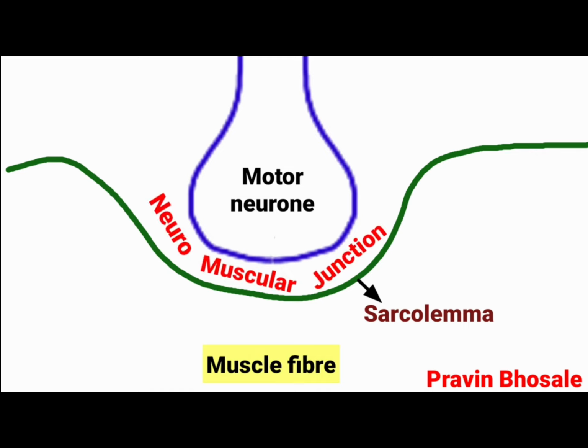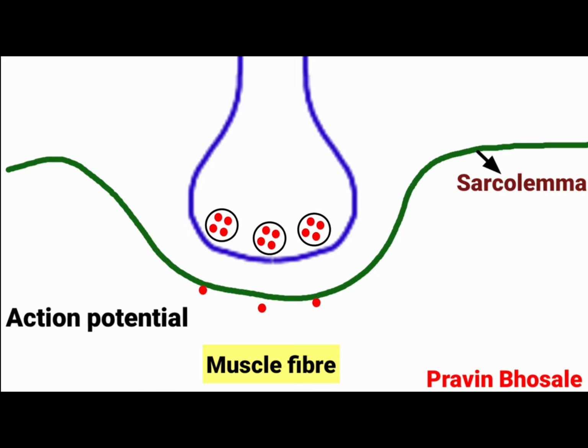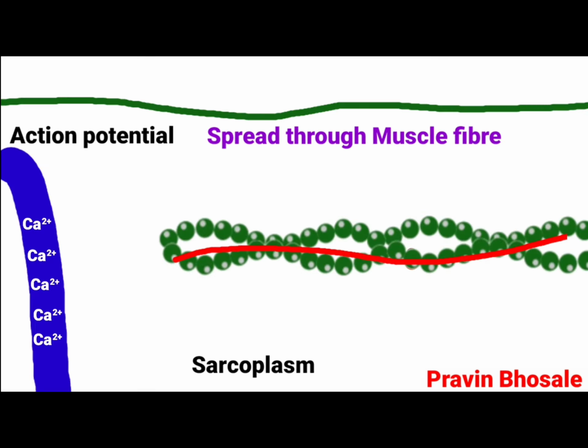So this is the neuromuscular junction or motor end plate. A neural signal reaching this junction releases the neurotransmitter acetylcholine, which generates an action potential in the sarcolemma. This spreads through the muscle fiber and causes the release of calcium ions in the sarcoplasm.